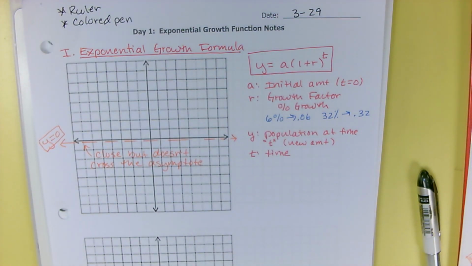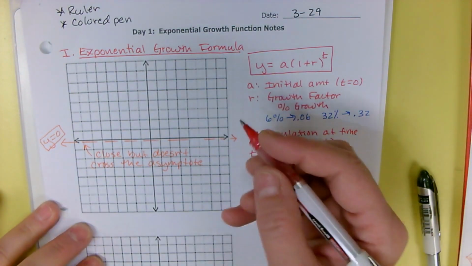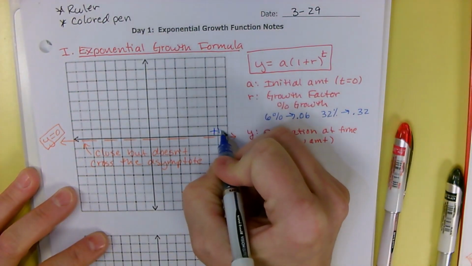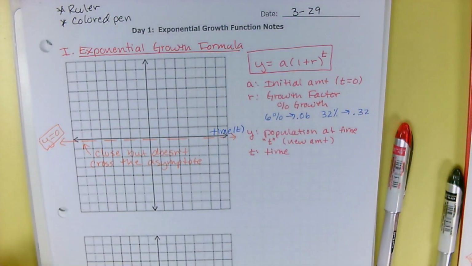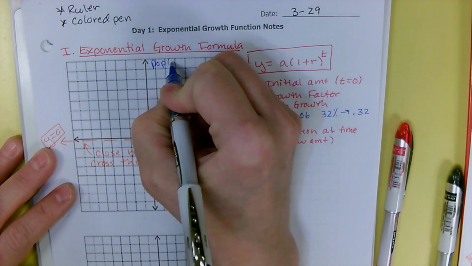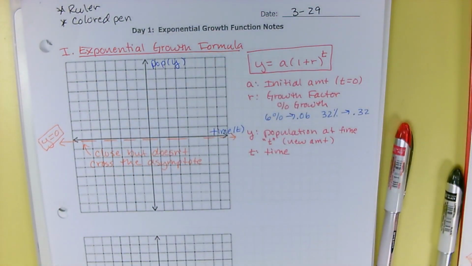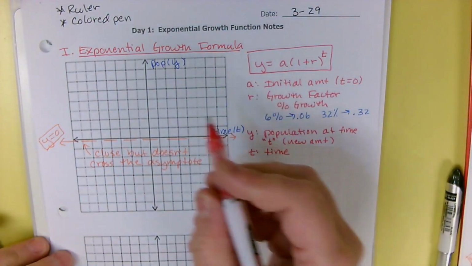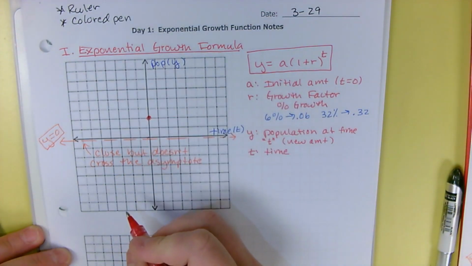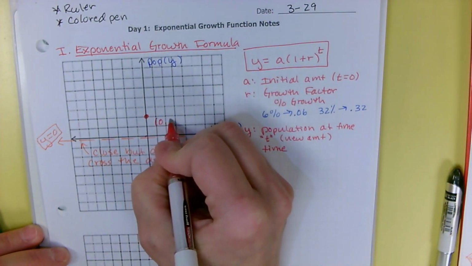Okay, so on this graph, your x-axis is your time, which is t, and your y-axis is your population, which is y. So when t equals 0, a is the initial factor, so wherever a is, it's where you start. So that's 0, comma a.